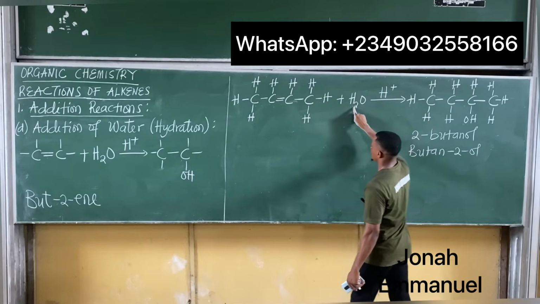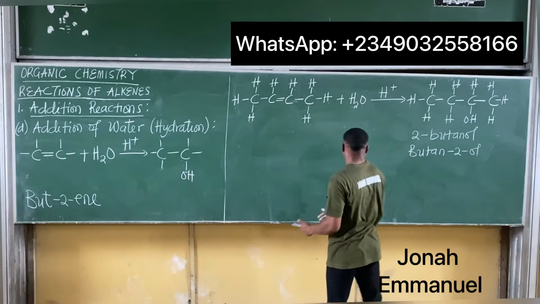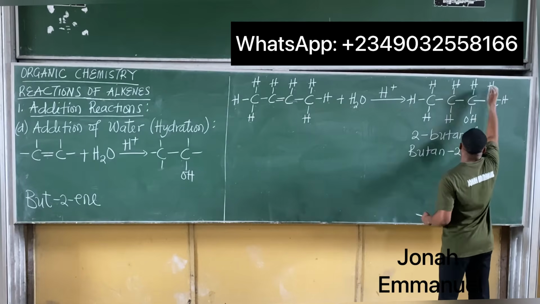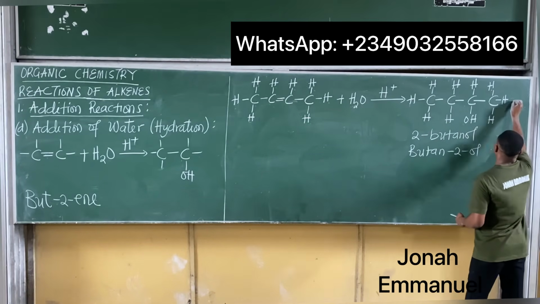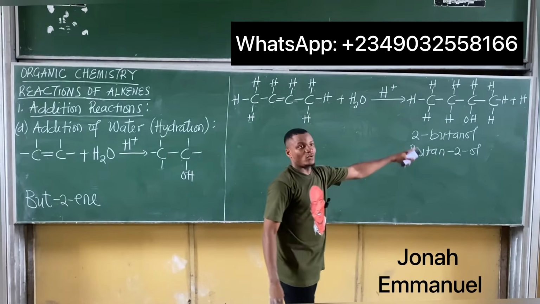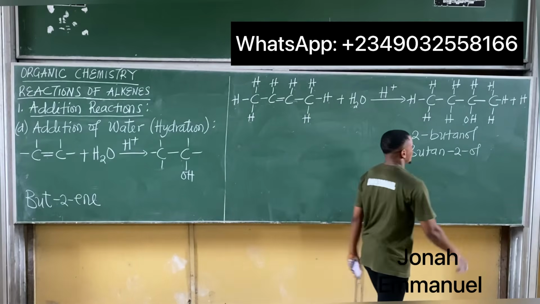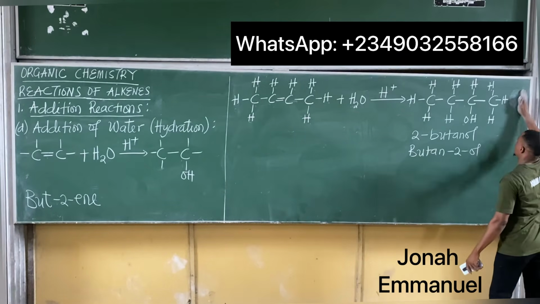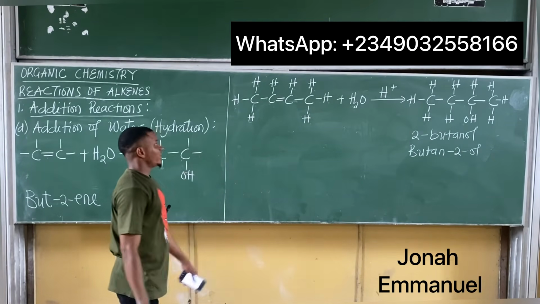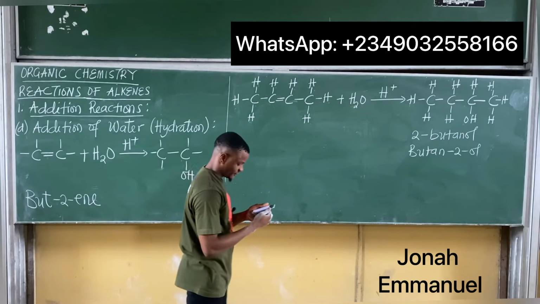Plus H. So you now see why they didn't add the H there. Of course, H is not really that important, so I'm taking it off. That's why they didn't put the H there. It was left like this, but we informed that the hydrogen ion acts probably as a catalyst here. So I have butan-2-ol.